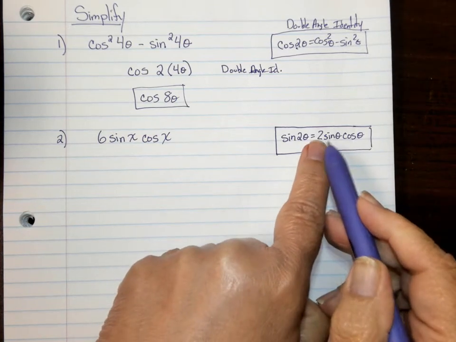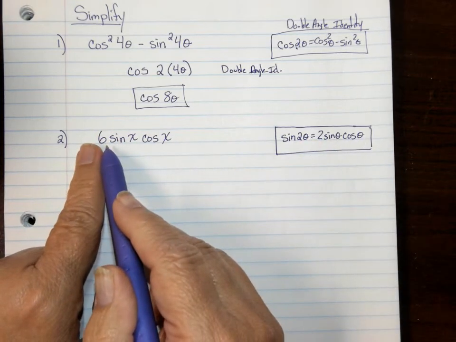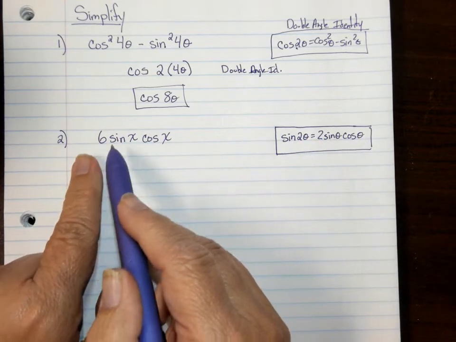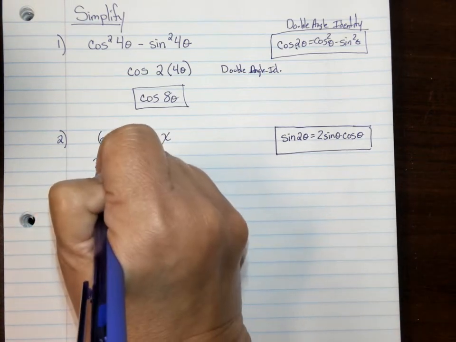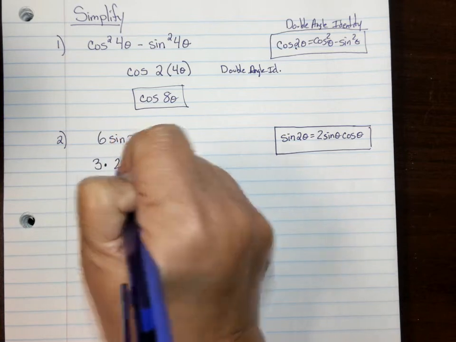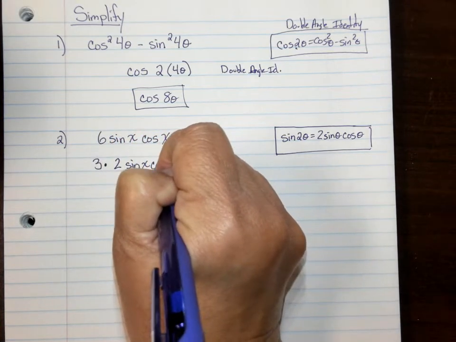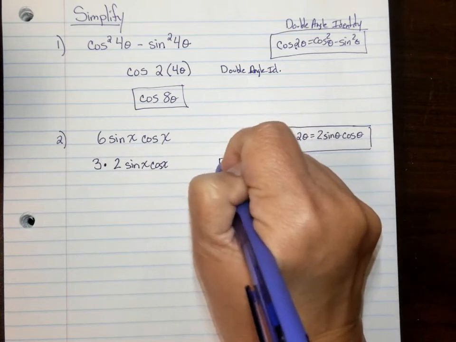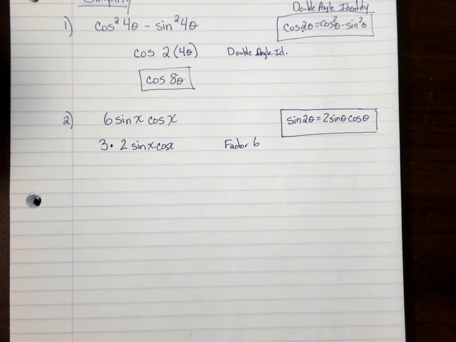So I sort of have 2 sine theta cosine theta, but not really because I have a 6. But can 6 be factored? Can I take 6 and factor it into 3 times 2 times sine x cosine x? All I did there was factor the number 6 into 3 times 2.